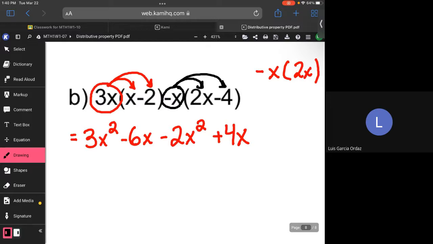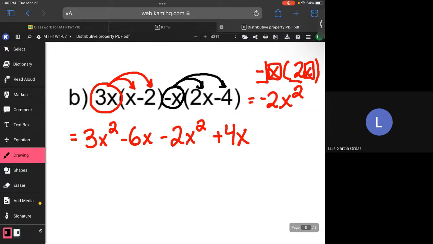Someone said it. What if I don't have a number in front of my variable, what is it always going to be? 1. So it's the same thing as saying negative 1. So what's negative 1 times 2? Negative 2. Okay. Then x times x is just x squared. That's why you get it like that. No worries.